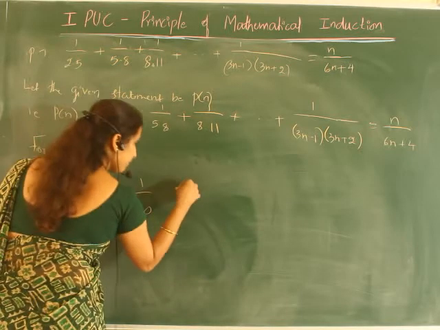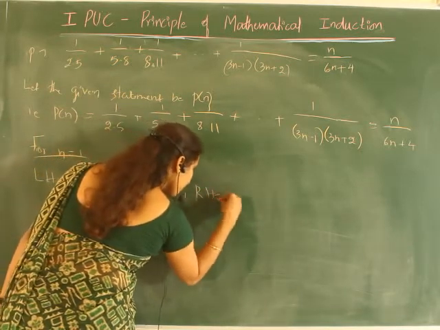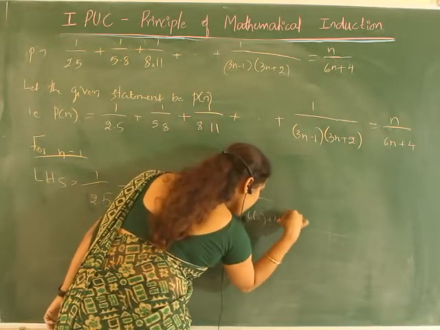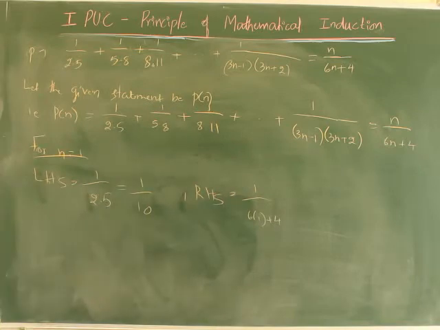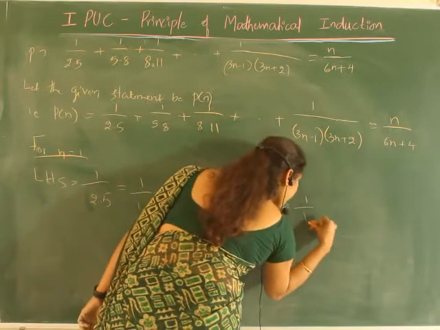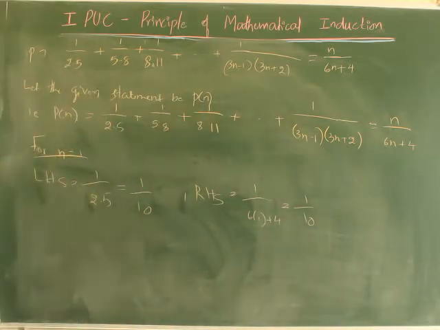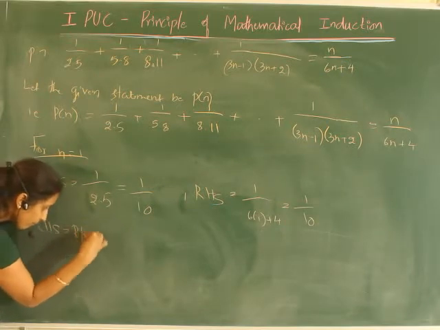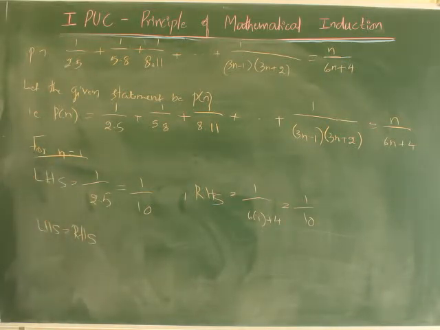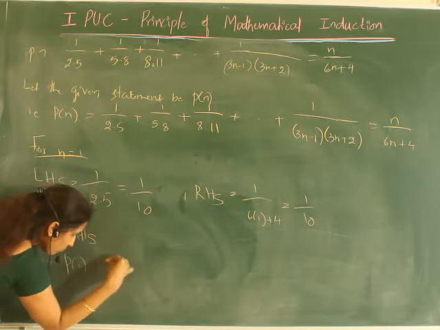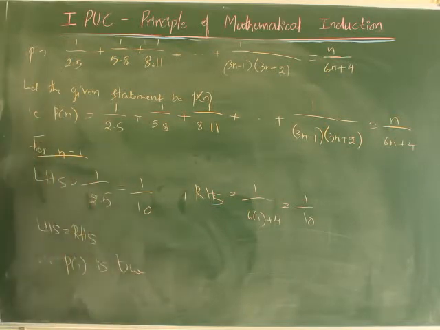The right hand side is 1 by 6 into 1 plus 4, and 6 into 1 plus 4 is 10, so 1 by 10. Therefore left hand side is equal to right hand side. Therefore p of 1 is true.